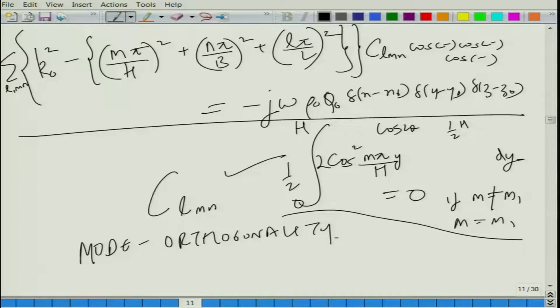This is not a high school algebra or calculus or engineering math stuff. Things will become more complicated when you have Bessel functions. We are soon going to arrive at that.